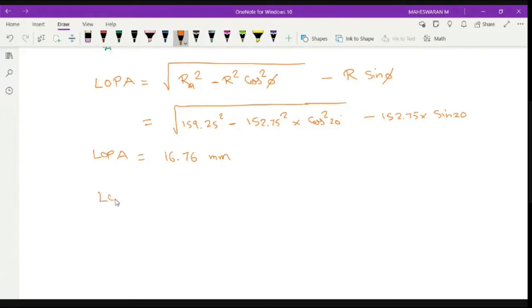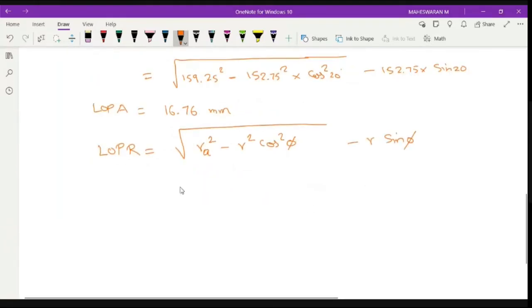Okay, so next, length of path of recess. That is also negative, right? So it will be minus. So it is root of RA square minus R square cos square phi minus, sorry, R sine phi. Right?